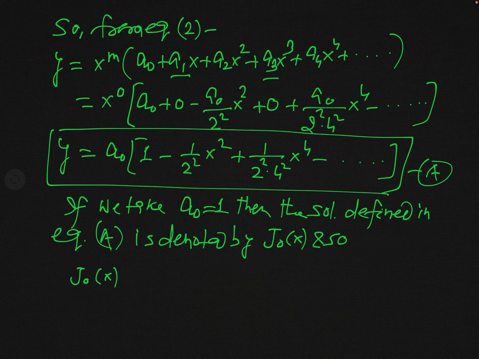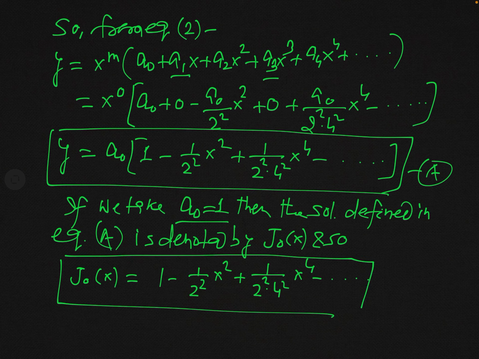You can see here. We will simply take A naught equal to 1, and so this J naught of x will be 1 minus 1 over 2 square into x square plus 1 over 2 square into 4 square x to the power 4 minus so on.